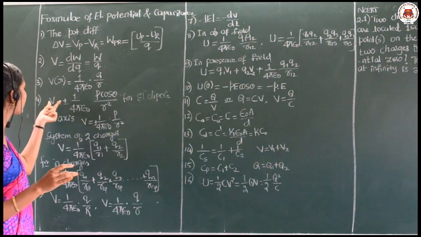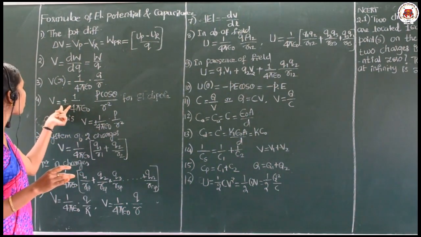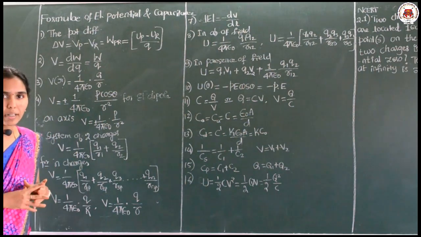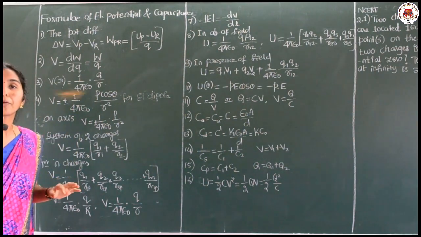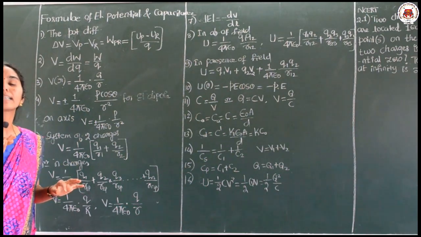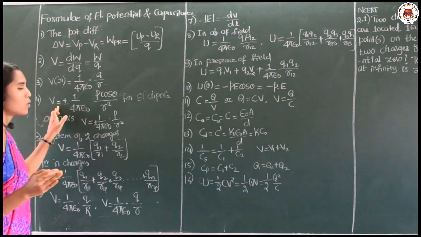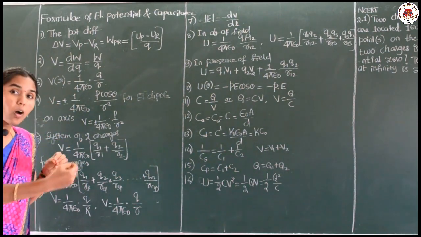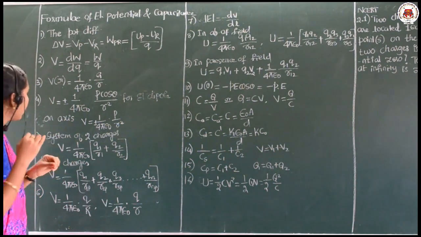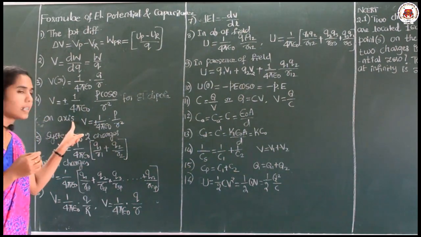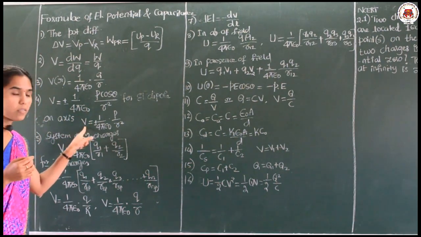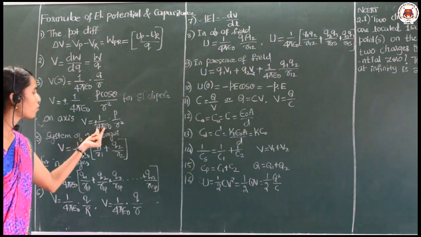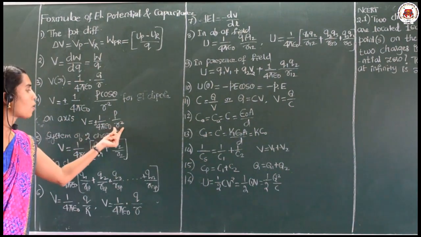The next one is V is equal to plus or minus 1 upon 4 pi epsilon naught P cos theta upon R square. Which formula is it? The potential due to the electric dipole. Remember, potential due to the electric dipole. Then if the point is lying on the axis of the dipole, the formula is written as V is equal to plus or minus 1 upon 4 pi epsilon naught P upon R square.